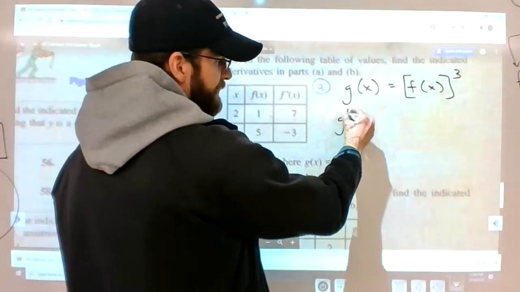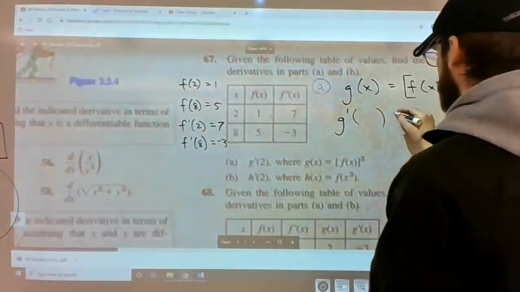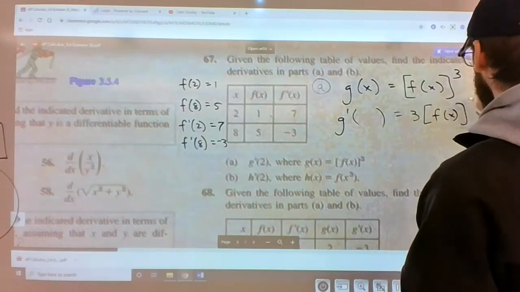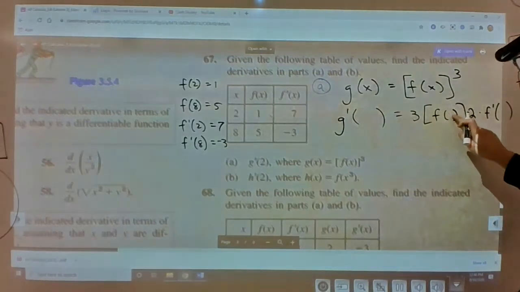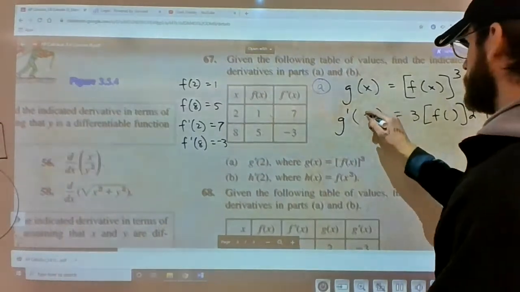So I'm going to take the derivative of g. That means I need to put 3 down front, take away one of the powers, and then multiply by f prime. And instead of plugging in x's, I'm going to plug in 2.